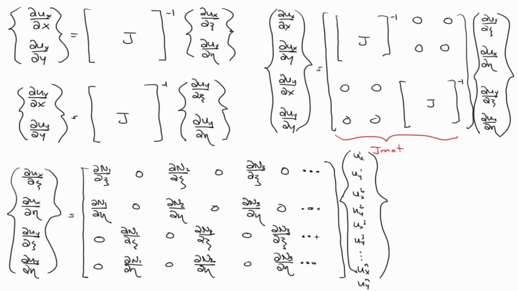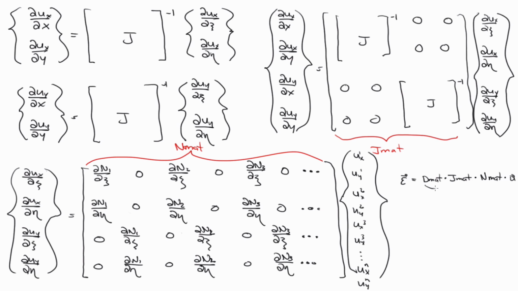Okay. So then we'll call this Nmat, right? And then with that, we have that the strain vector is equal to Dmat times Jmat times Nmat times the vector of unknown displacements.